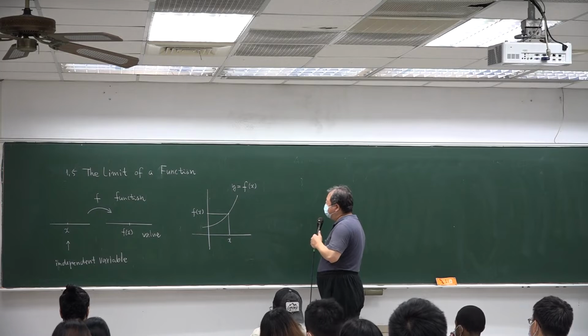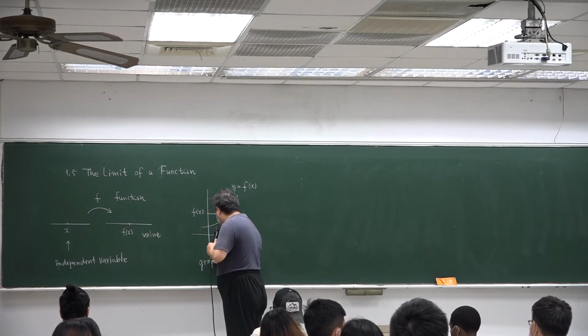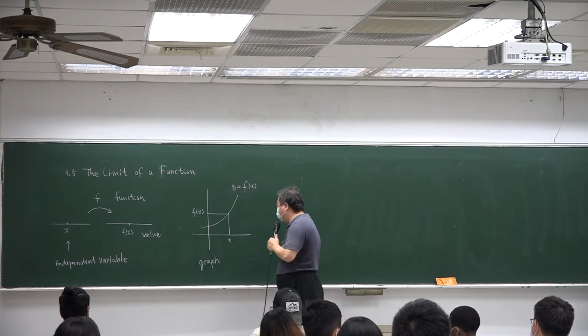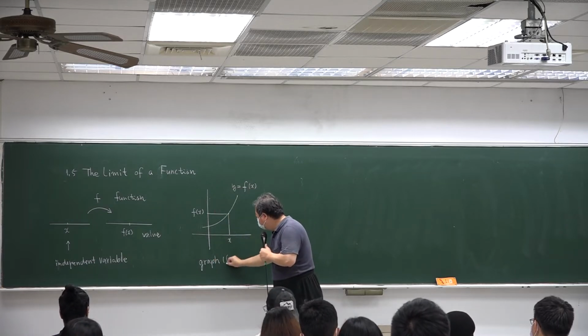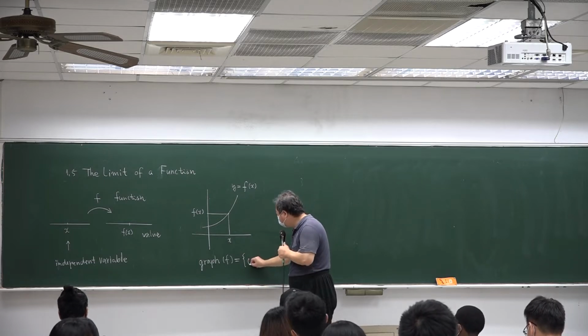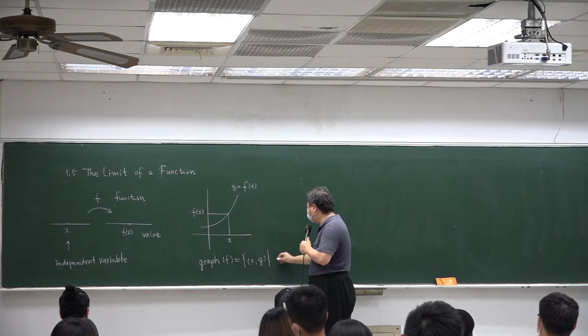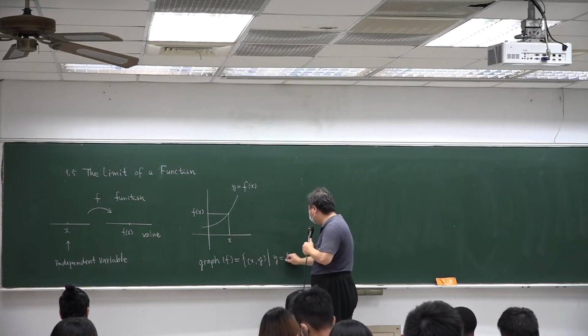Then this is the graph of the function f. In terms of sets, it is the set of all points (x, y) in the Euclidean plane such that y and x have this relation.